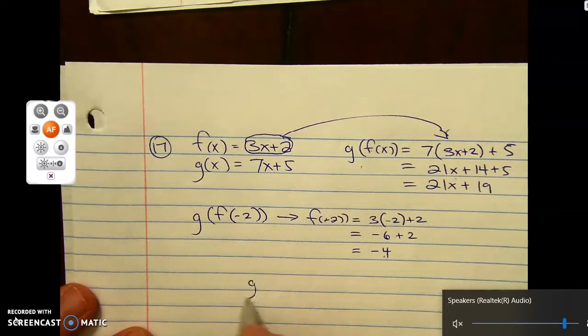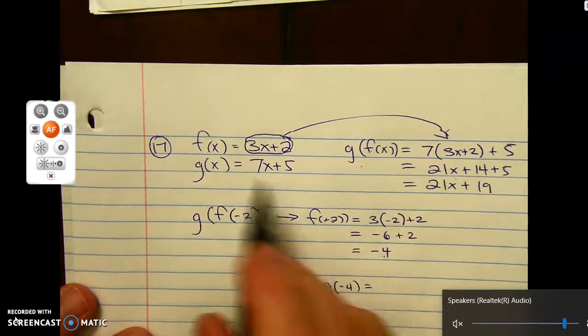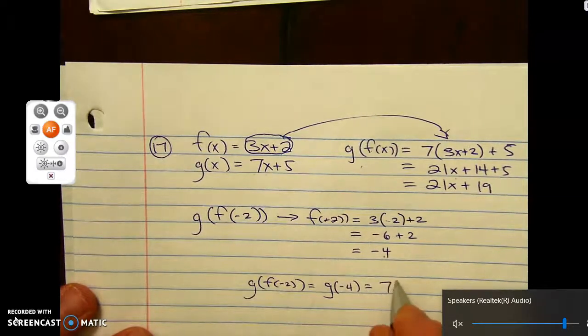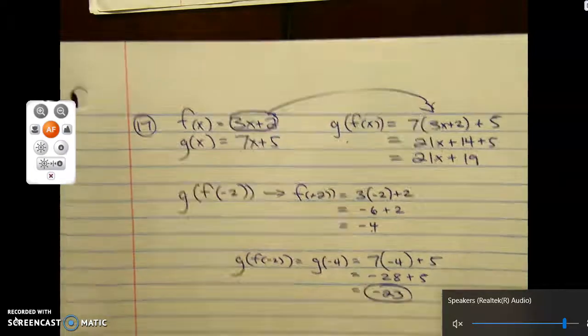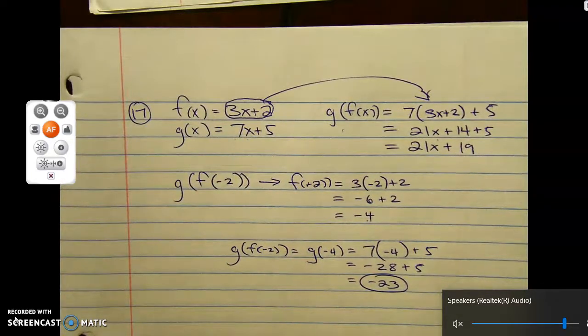So now we're doing g of f of -2, which is the same as g of -4, which is 7 times -4 plus 5. -28 plus 5 is -23. Done. So your answer is -23 to number 17.